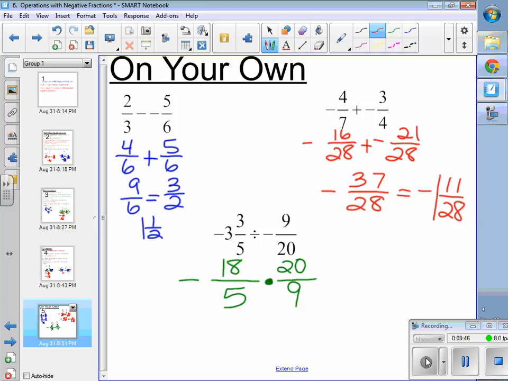Cross cancel what you can. 18 and 9 are both divisible by 9, so you get 1 there and 2 there. These are both divisible by 5, so you get 4 here and 1 here. And I forgot to bring my negative here. So the negative applies to the whole problem. Negative times negative gives me positive. And 2 times 4 is 8. So the whole thing is positive.